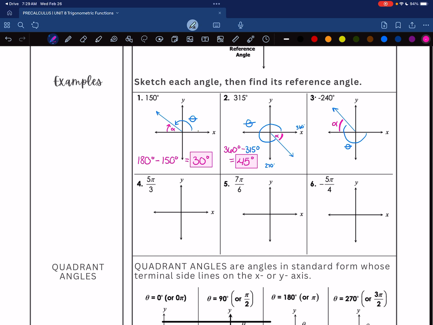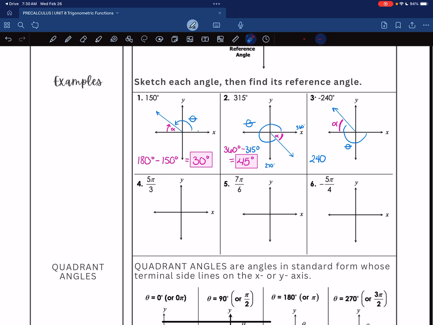Well, think about this with me. It is just the remaining amount to get to that positive x-axis. Or you could say take away from 240 degrees, which is how much we rotated. I know it's negative, but that quantity, that amount, take away half of the entire rotation.